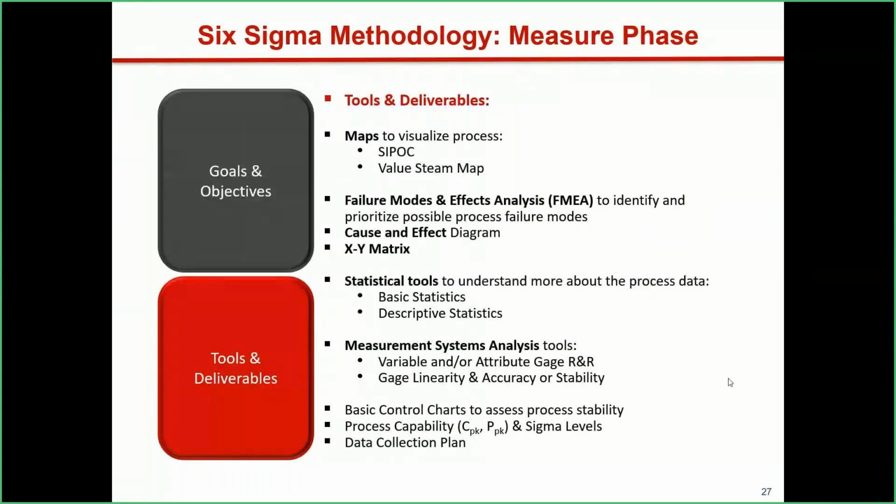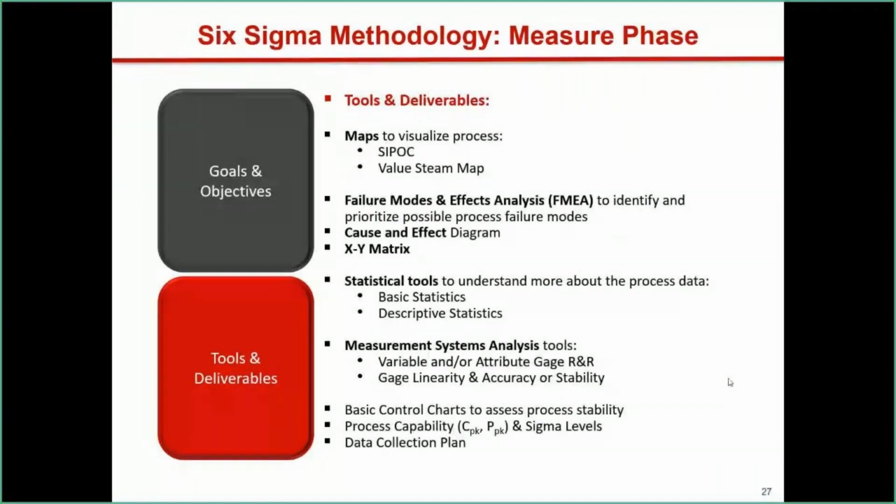Statistical tools. This is where we'll also learn about basic and descriptive statistics, what exactly they mean. Then we will learn measurement system analysis. This is where we measure the system through which we measure our outputs and inputs. And what are the tools?